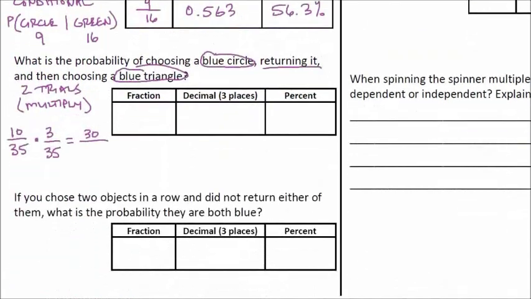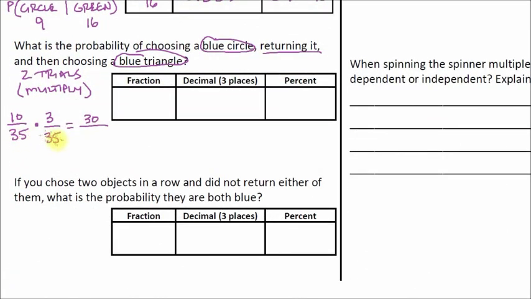When you multiply, you actually have to multiply the denominators together. You're going to get a big number, 1,225. So don't forget, when you have multiple trials and you're trying to find the probability of those events happening in a row, you're going to be multiplying the numerators together, and you're going to be multiplying the denominators together.